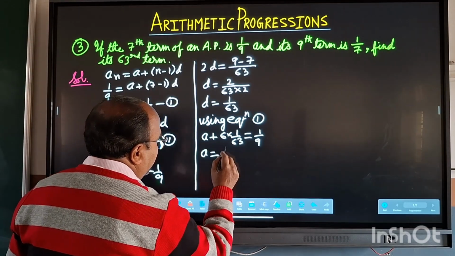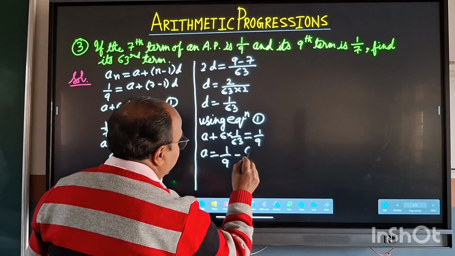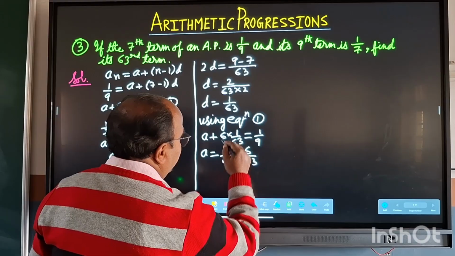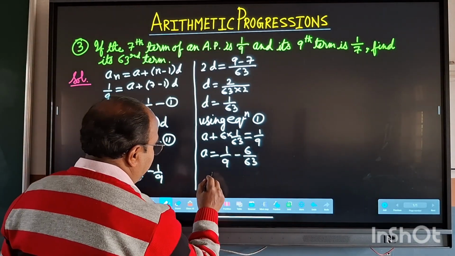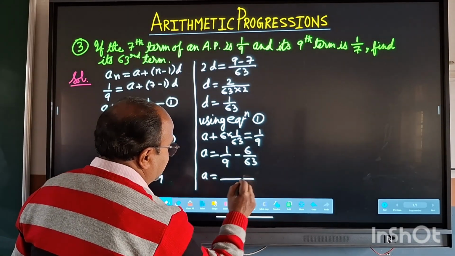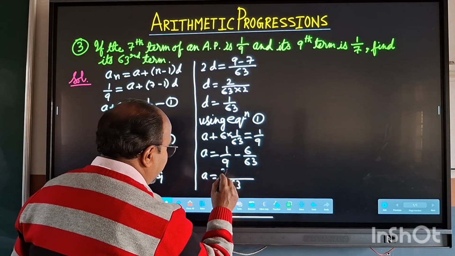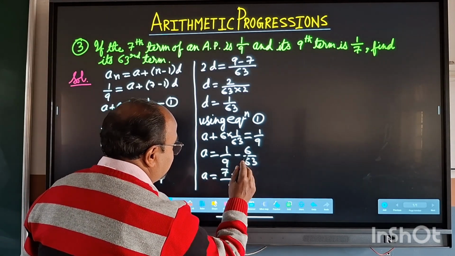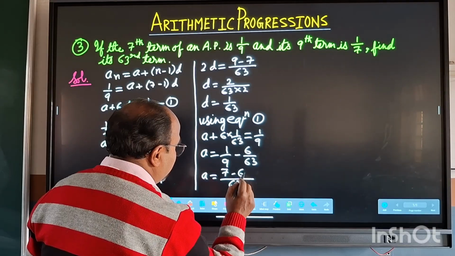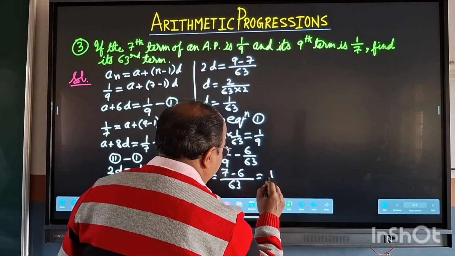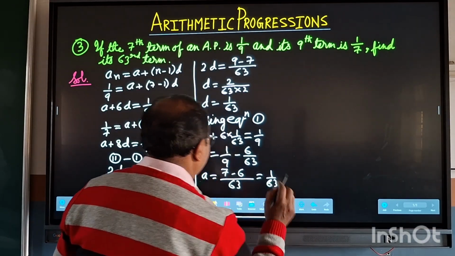So a will be equal to 1 by 9 minus 6 by 63. This goes that side to get subtracted. 9 and 63 LCM will be 63. So 9 sevens is 63, and here 63 is already there, so 6 will be there. So I am getting the value as 1 by 63.